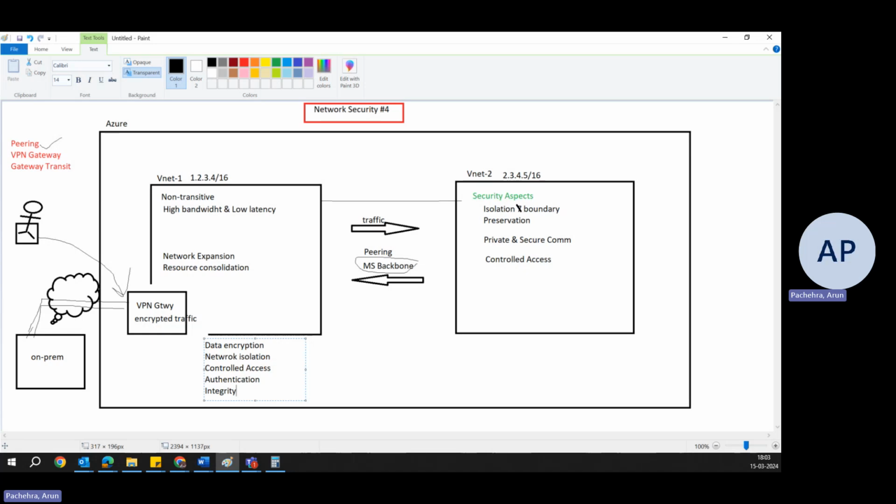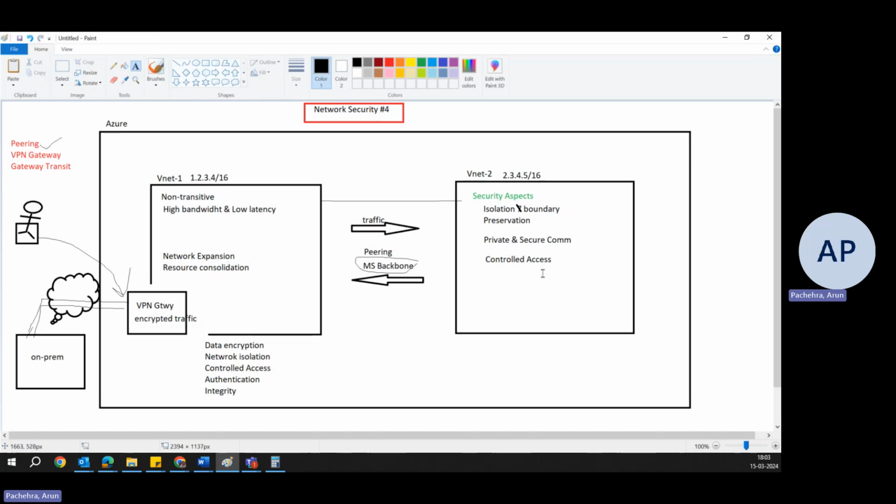All right. So that point is made, done, and dusted. Let's conclude this VPN gateway as well, just like we did peering. The VPN gateway in Azure plays a crucial role in ensuring secure communication between different networks over the internet.